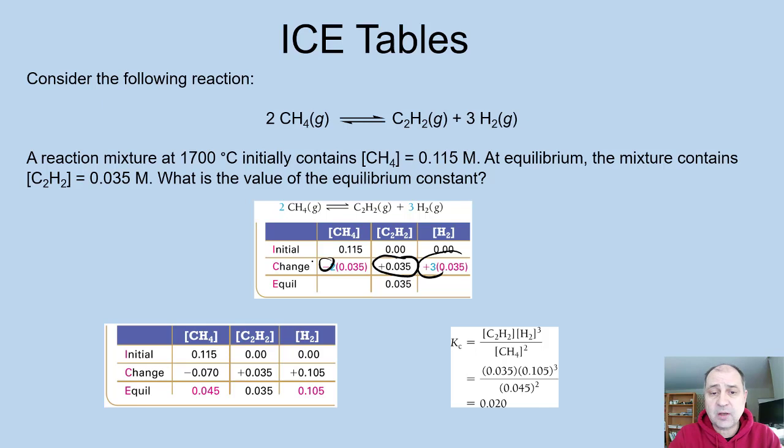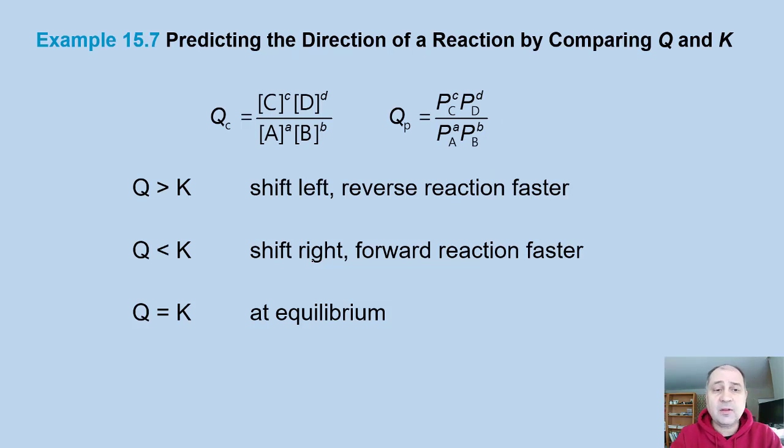What if I gave you a reaction mixture that is not at equilibrium and you needed to determine which way this equilibrium shifts? You can do that very simply by determining the equilibrium quotient here, which is the same calculation as an equilibrium constant, whether it's Qc or Qp, pressures or concentrations of molarity.